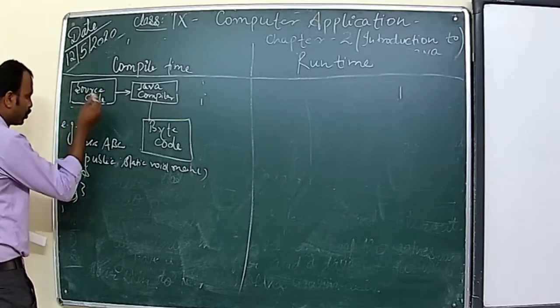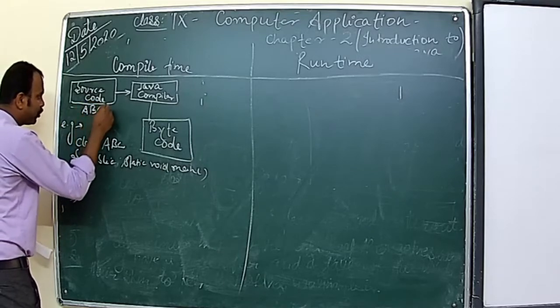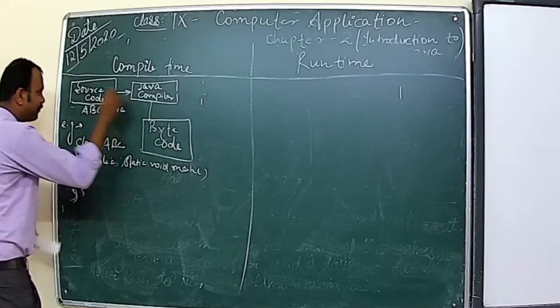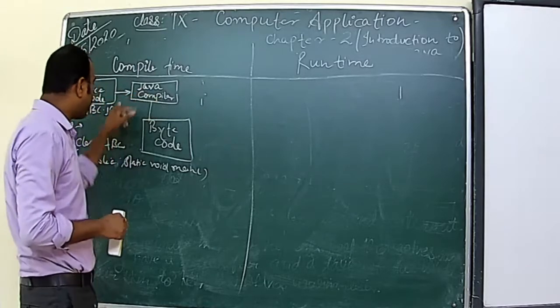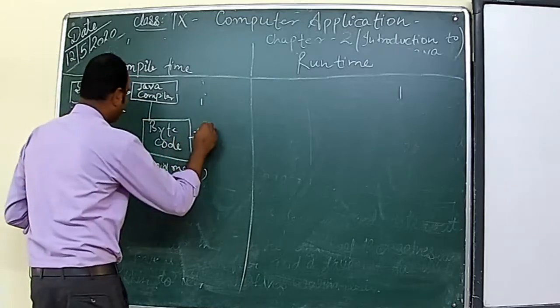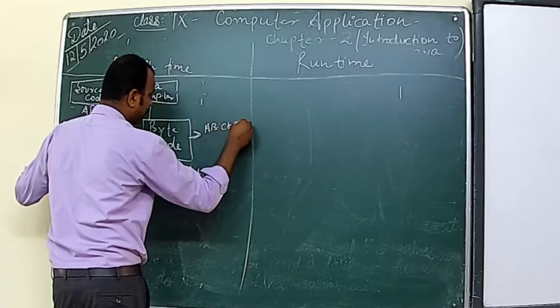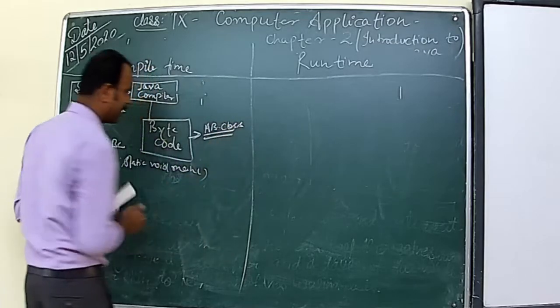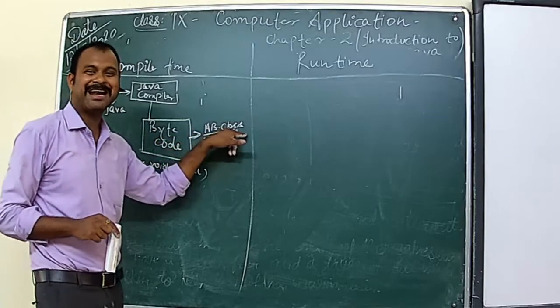So in source code, the file name would be ABC.java. ABC.java will go to this compiler. Now the compiler will convert ABC.java into an ABC.class file. As I told you just now, bytecode is also known as a .class file.